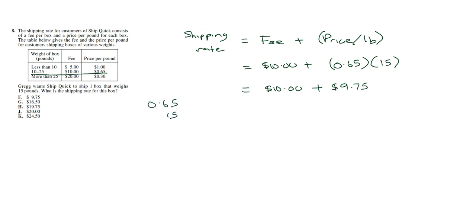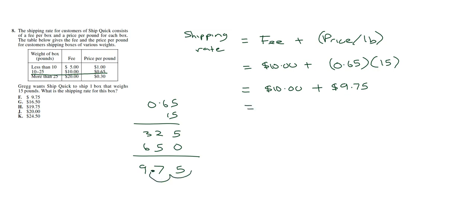0.65 times 15. So this is going to be, put a 0 here, have a 5, we have a 6, 5, 7, 9. We got 2 decimals, 1, 2.